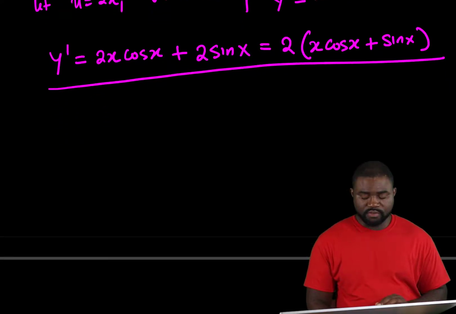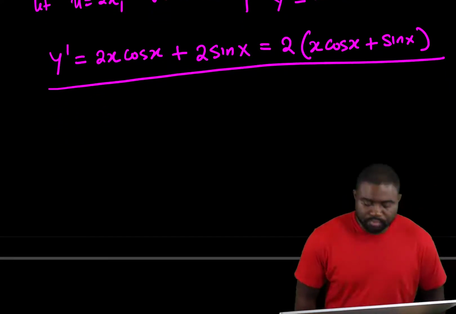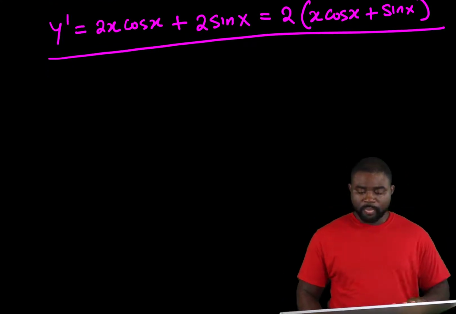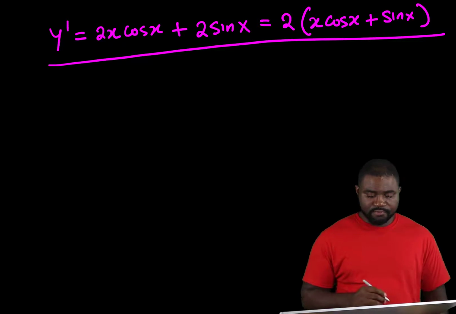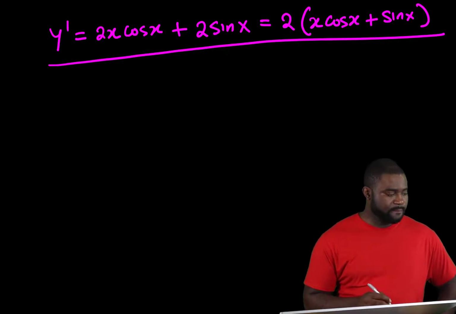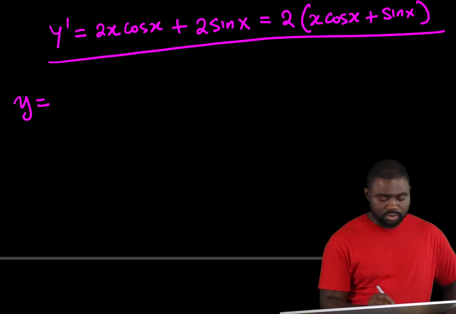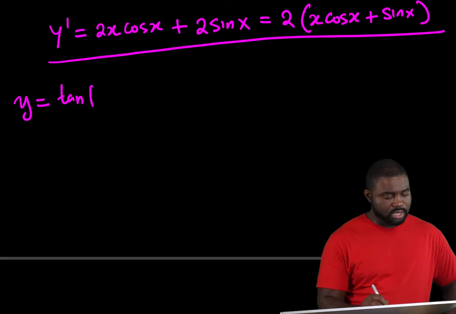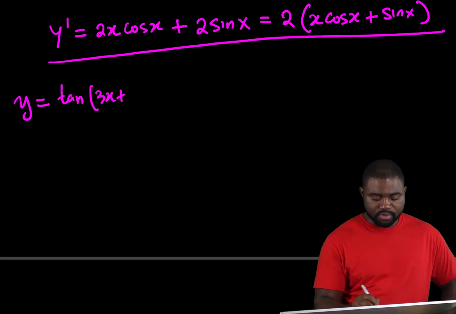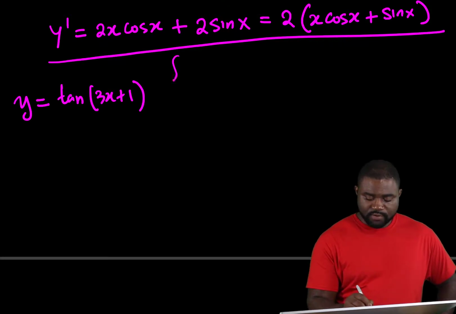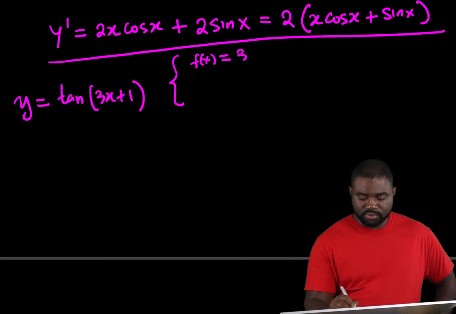And that will give you your answer. Now lastly, let's do another example. Let's say you have y equal to tan of 3x plus 1. You can say that let f of x be equal to 3x plus 1.